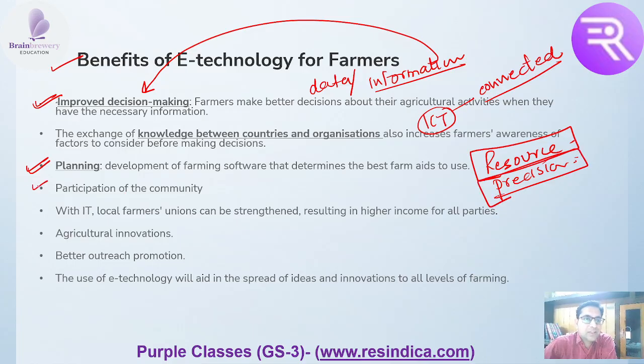Participation of the community. With the ICT tools, you will be able to connect with the community properly, and everybody will be helping you in solving your problems.